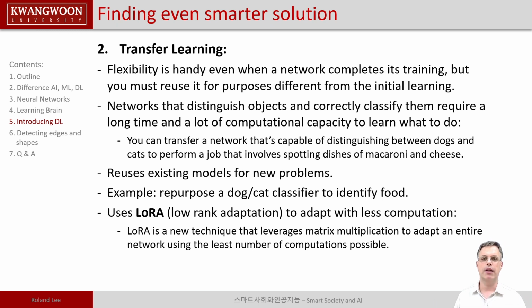Extending and expanding a network's capability to new kinds of images that weren't part of the previous learning means transferring the knowledge to this new problem, that is the transfer learning. For instance, you can transfer a network that's capable of distinguishing between dogs and cats to perform a job that involves spotting dishes of macaroni and cheese.